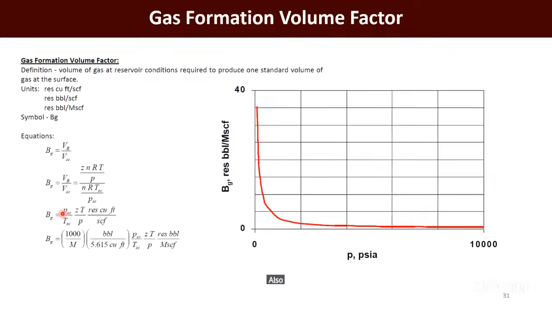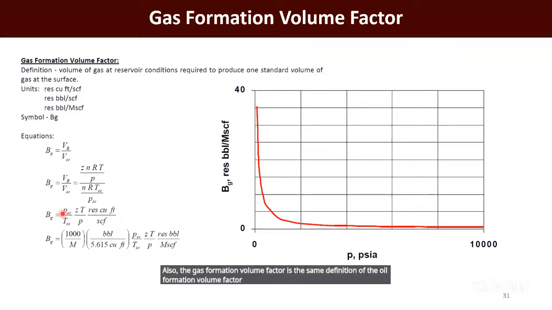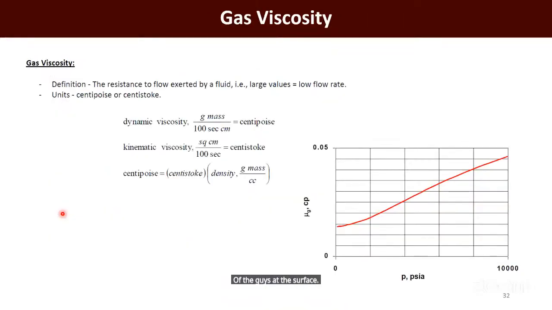Also, the gas formation volume factor has the same definition as the oil formation volume factor, which is the volume of the gas at reservoir conditions to produce one standard volume of the gas at the surface. Similarly, the gas viscosity is the resistance to flow exerted by a fluid, so larger values will have a lower rate.